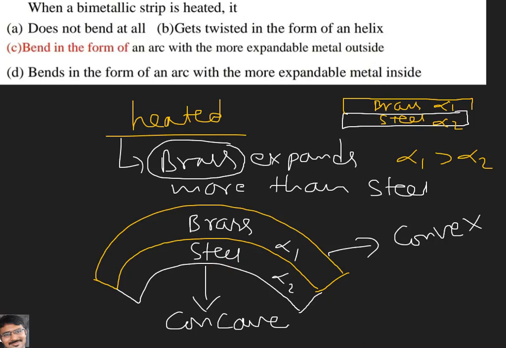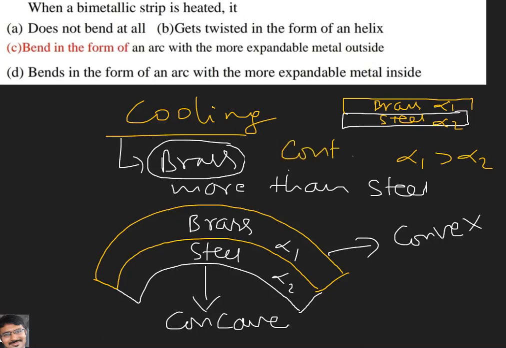Suppose the same question says it is cooled instead of heated. Even if it is cooled, what can we say now? When we do the cooling, what will happen? Brass contracts more, no doubt. In cooling, brass contracts more than steel, because alpha of brass is greater than alpha of steel.